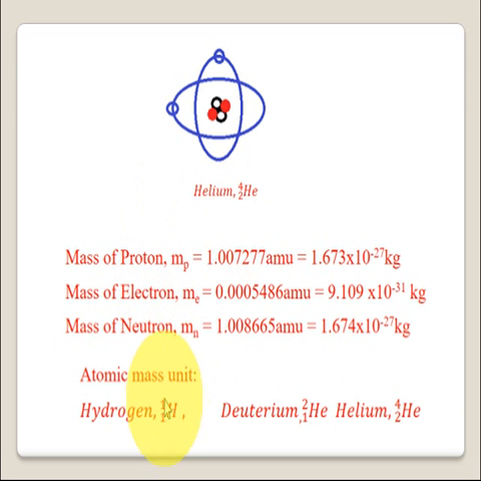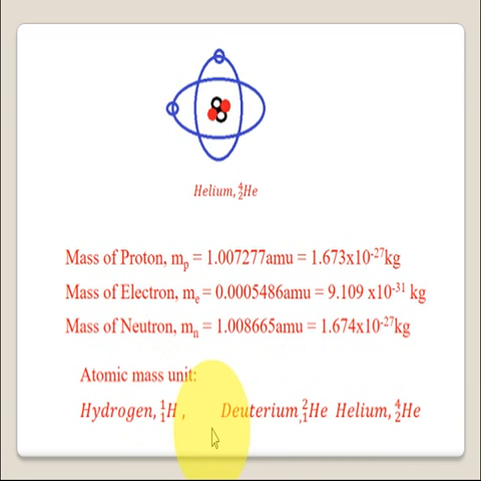And typically the elements hydrogen, deuterium, and helium are represented in this way. We can see that in the first two cases, the atomic number is 1, hydrogen and deuterium, but the mass numbers are different. In hydrogen, there is no neutron, there is only a proton, so the mass number is also 1.